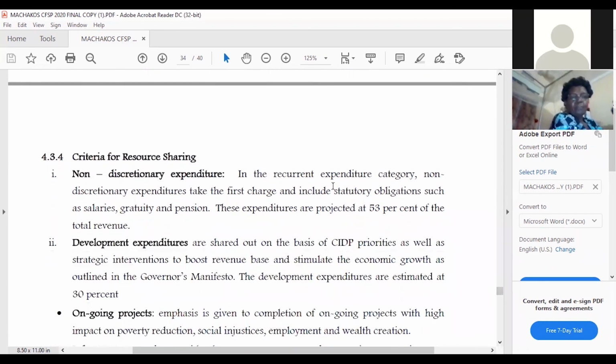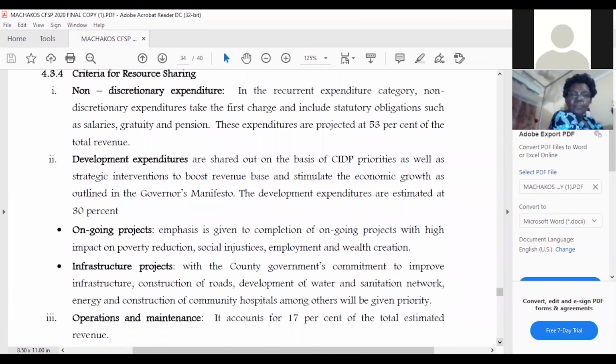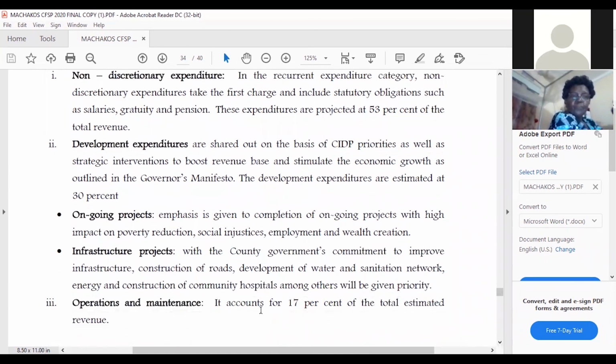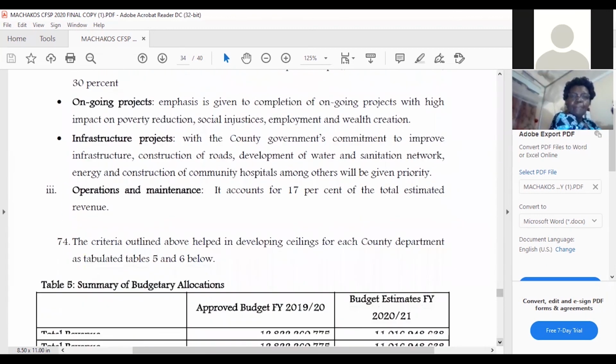This non-recurrent expenditure is projected at 53% of the total revenue. Development expenditure is 30% of the total county budget. And operation and maintenance is 17% of the total estimated revenue. So that is how the county government comes up with the amounts.